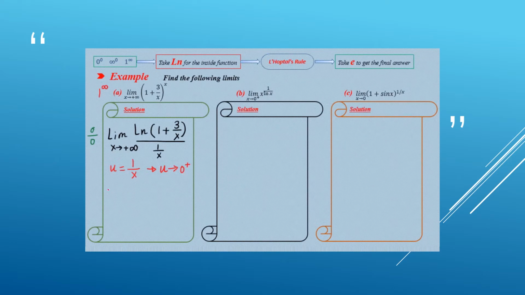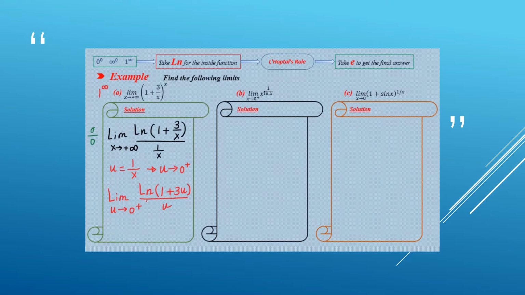So we have limit ln of (1 plus 3 over x), it means 3 times 1 over x, which is 3u, divided by u when u goes to 0 from right. So I did a special substitution and we reduced the function inside the limit.